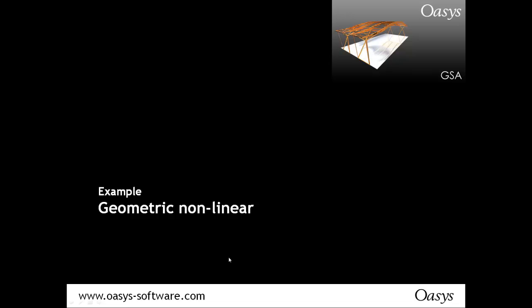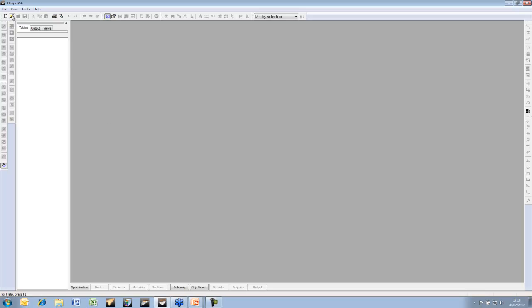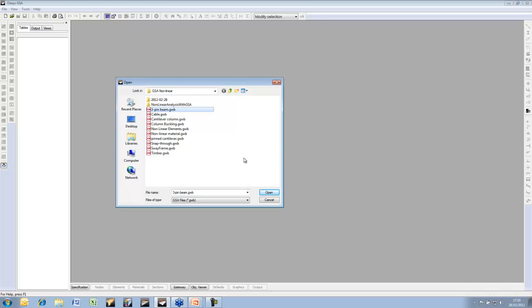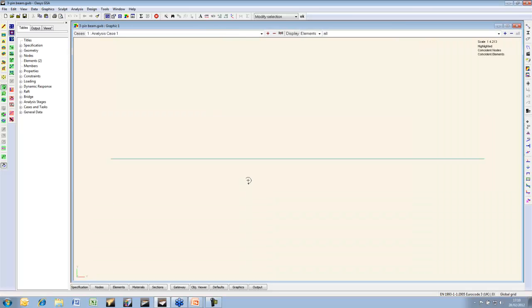So, examples. Let me go to GSA and I'm going to call up a 3-pin beam. Now I'm using a lot of models I created earlier today, just to keep things moving along. Okay, there.